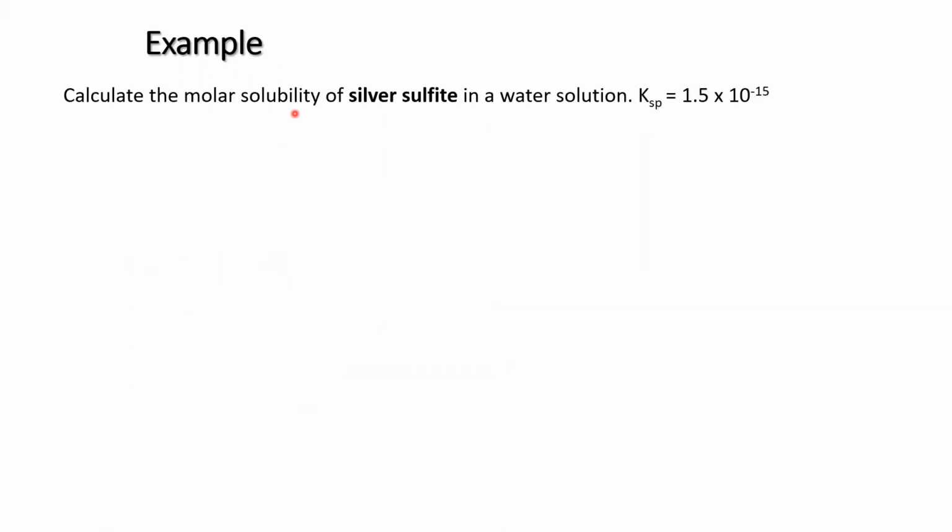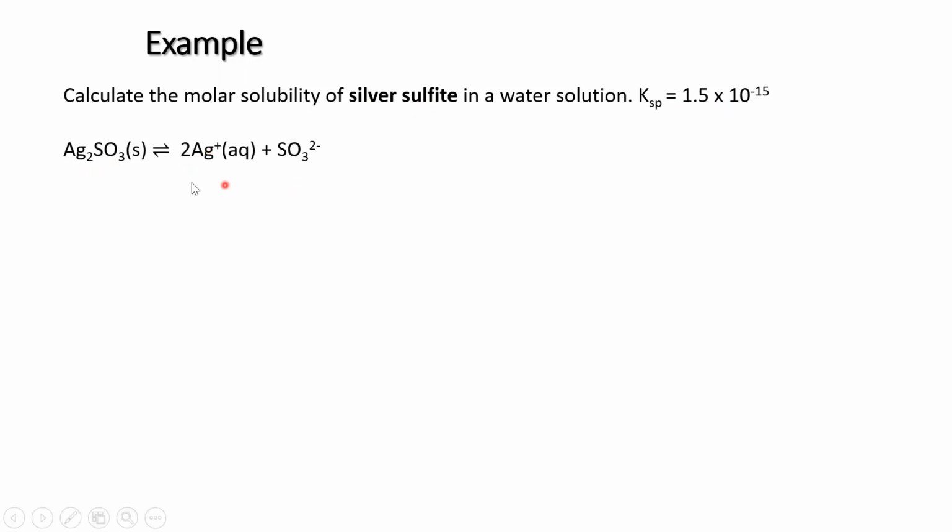All right, so let's look at another one. What's the molar solubility of silver sulfite if the KSP is 1.5 times 10 to the minus 15? Now, silver is Ag plus 1. If we don't remember sulfite, sulfite is SO3 minus 2.